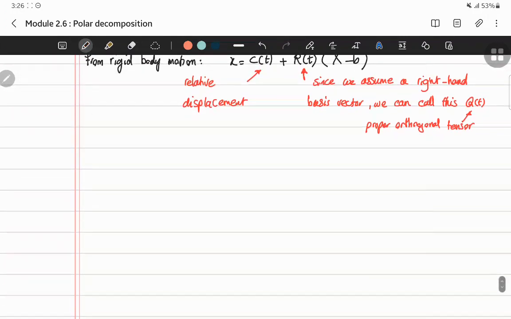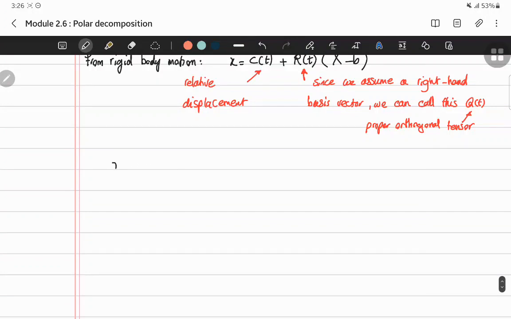All right, so now I can write x star is equal to c(t) plus Q(t). I replaced R(t) with a proper orthogonal tensor, and I have x minus x0, an initial position.